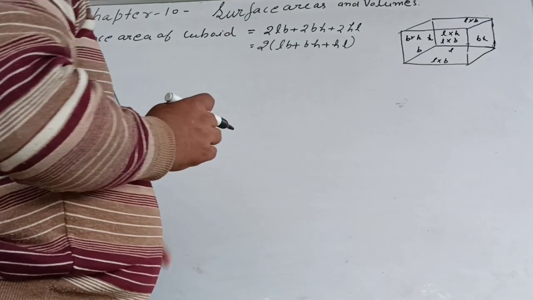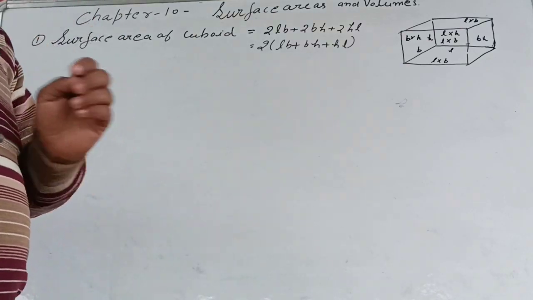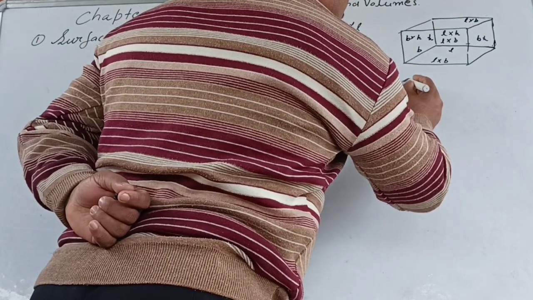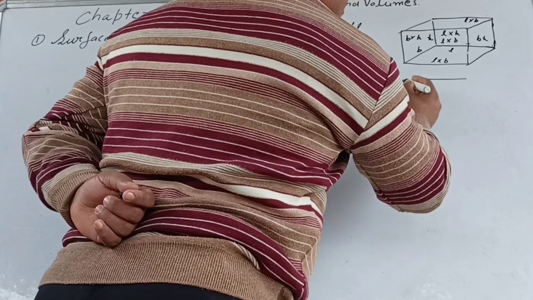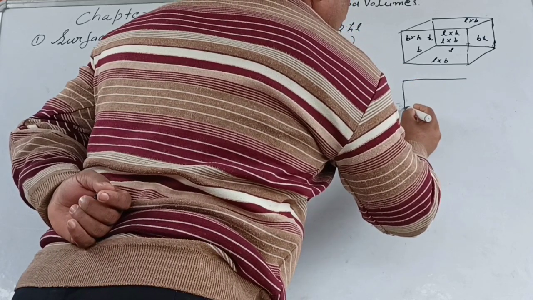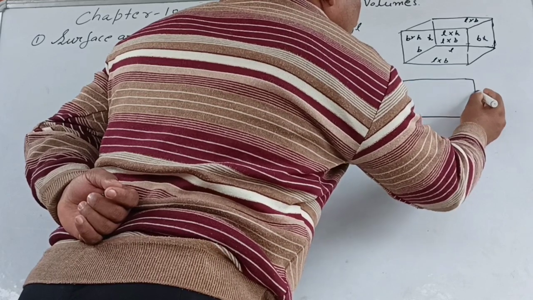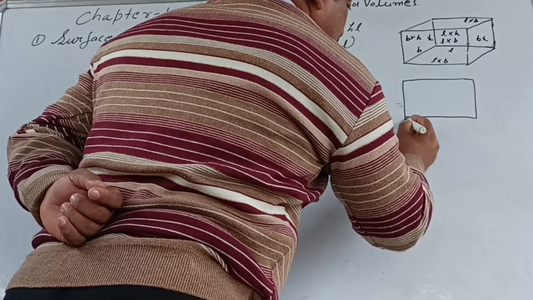Suppose that if you open the match box, first you find this type of surface. First part is like this, and second part is like this.